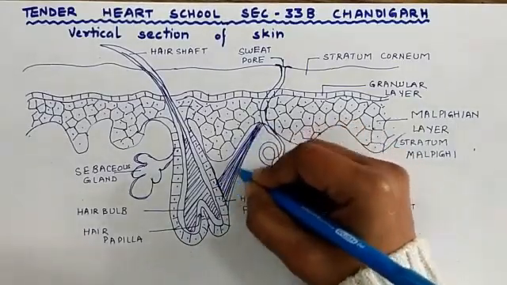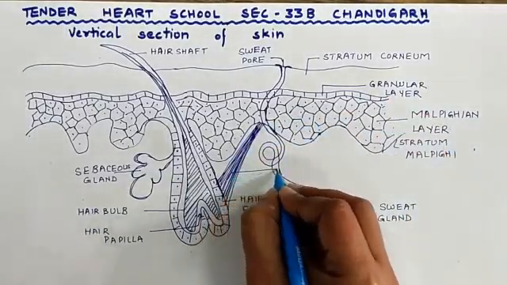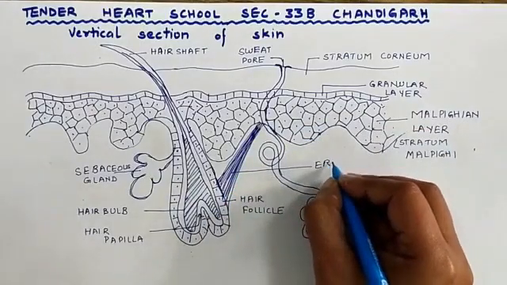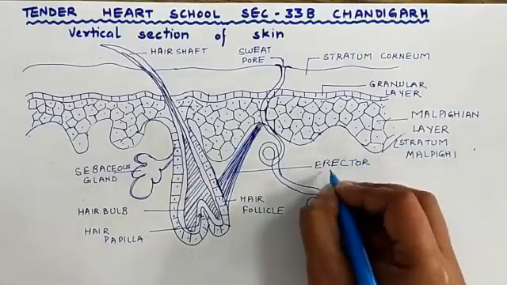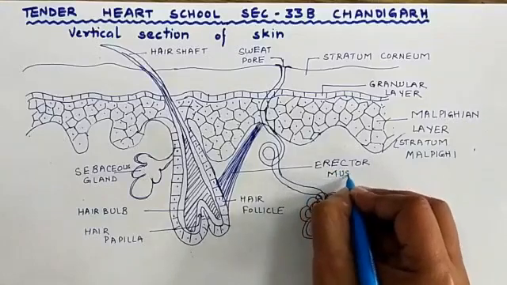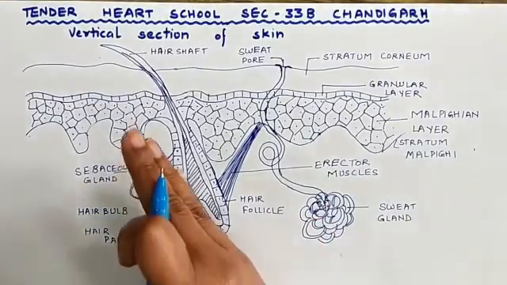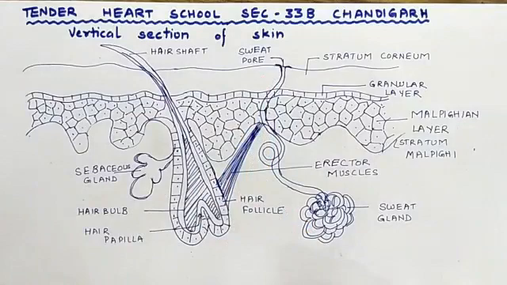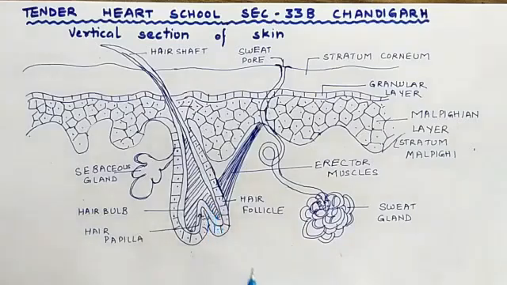So these muscles are there. These are called the erector muscles. When they contract, they make the hair stand straight on the surface of the skin. This occurs during winters or during some emotion.